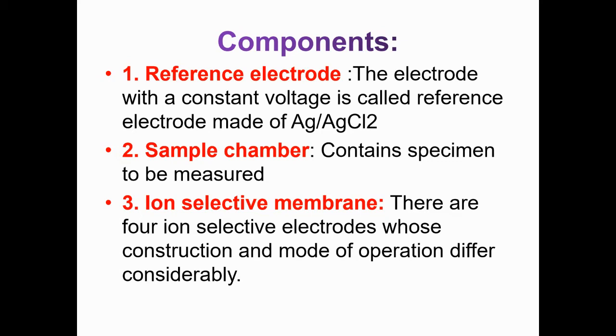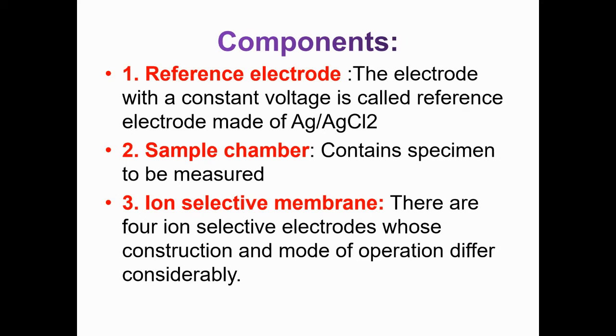And the third one is the ion selective membrane. What is the use of this ion selective membrane? This membrane contains different electrodes. For example, if you want to calculate the value of sodium, potassium, chloride, and other ions, the ion selective membrane is the one that selects them. Each ion will have a separate electrode.